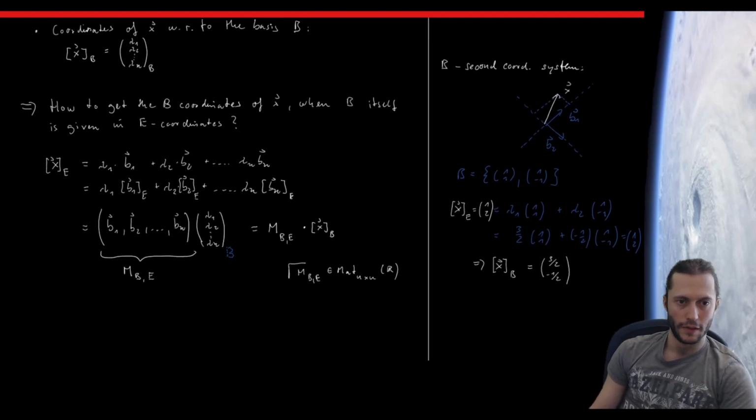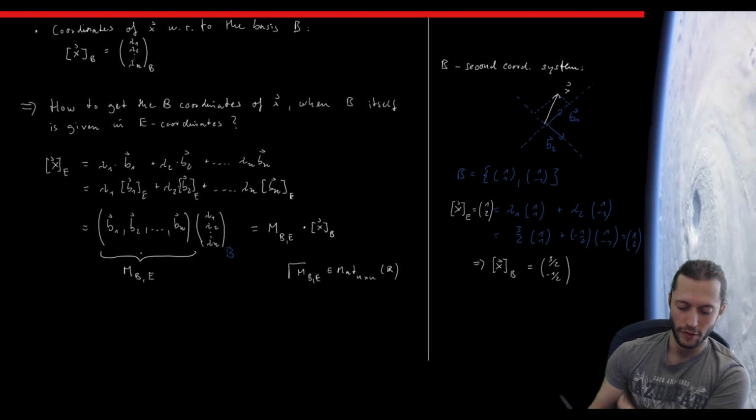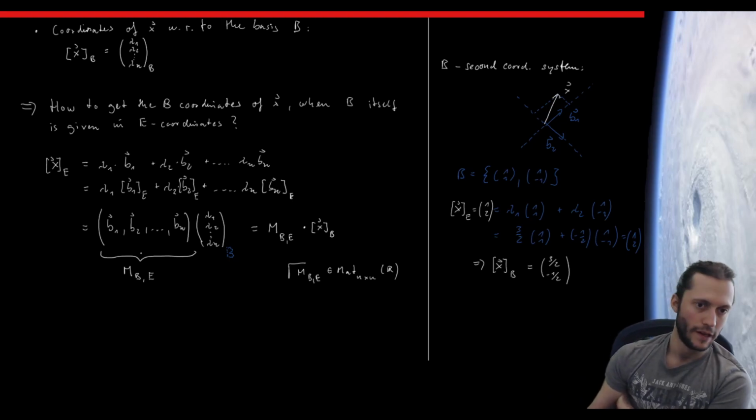So what we did up to now, we just wrote the linear combination of x, put in a new basis b, and then rewrote the whole thing as a matrix. Because why? Because now we can solve for the lambdas if we have a given x.